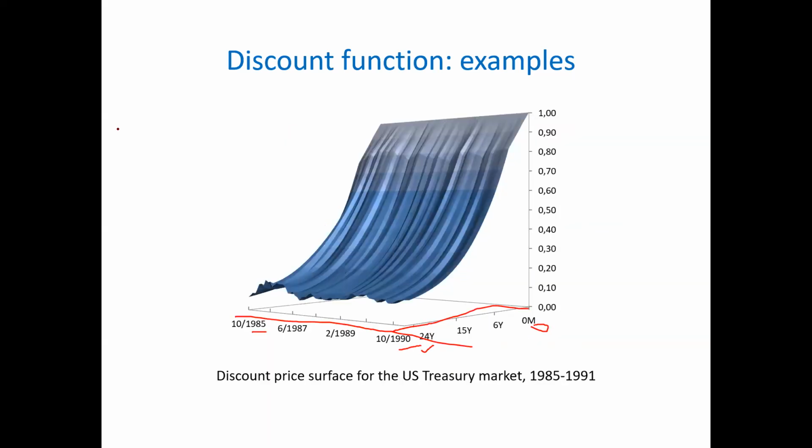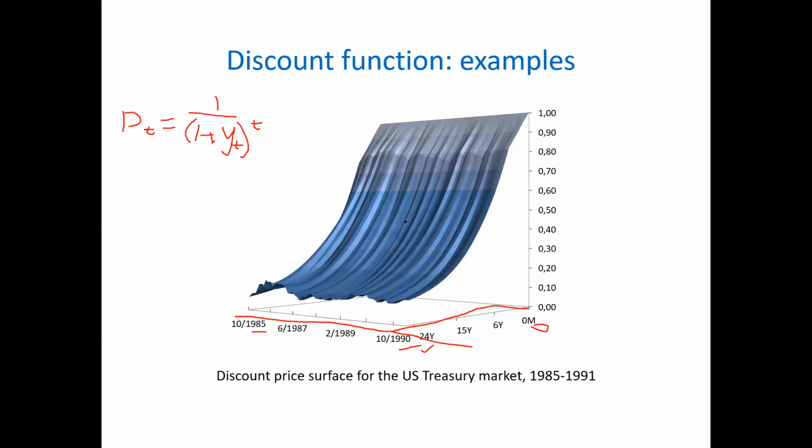Now, recall please that any discount price is connected to discount yield using this formula. That means that we can take all discount prices here and transfer them into discount yields.